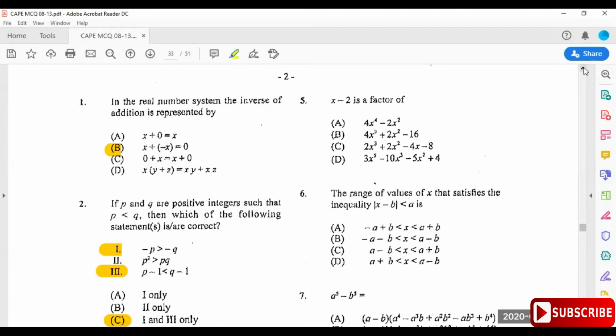So one is a backup paper just in case something happens. In this case, coronavirus. And so they may be tempted to issue the second paper. They always have a second paper just in case. So the just in case paper, you never know. It might not have any questions repeat, but they're going to be similar to these sort of questions. So it's good to do all the past papers just to be on the safe side.